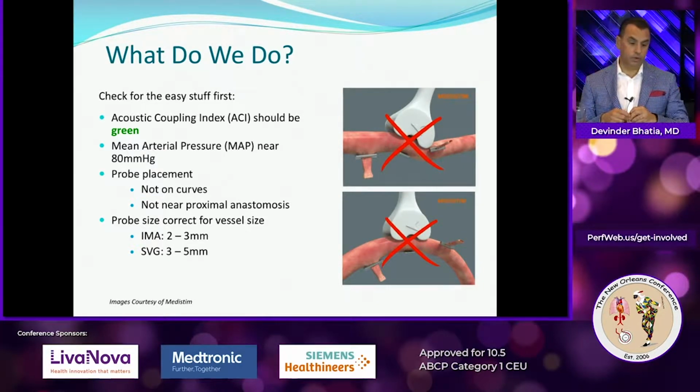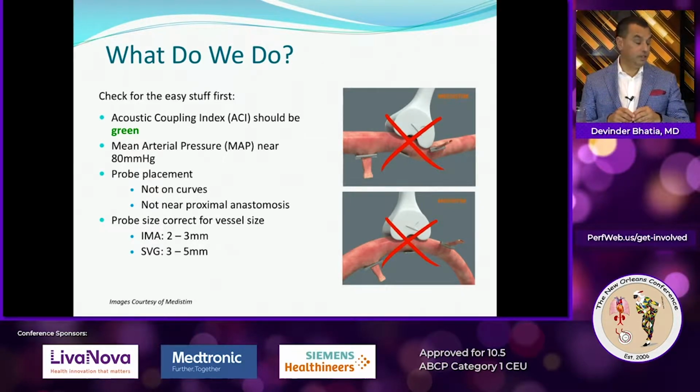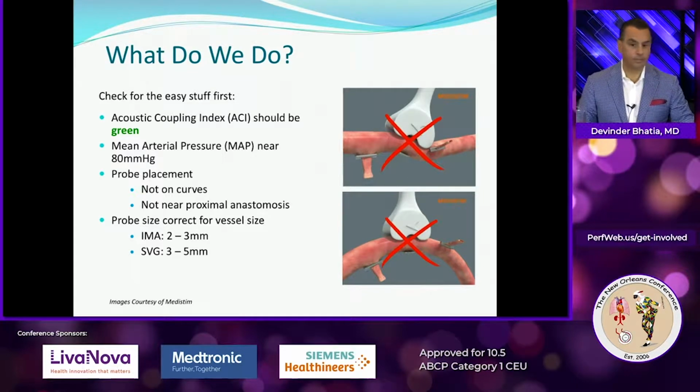You're going to get a low pulsatility index and a decent diastolic filling, but you may have low flow. And so all you need to do is raise the blood pressure and get into an acceptable mean, and you'll see that flow go from 30 to 70 just by raising the blood pressure.